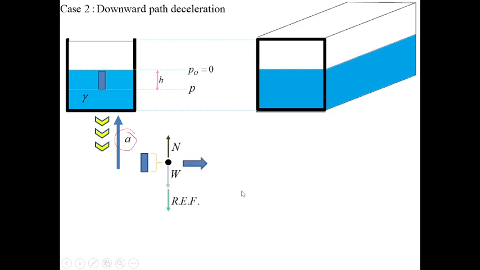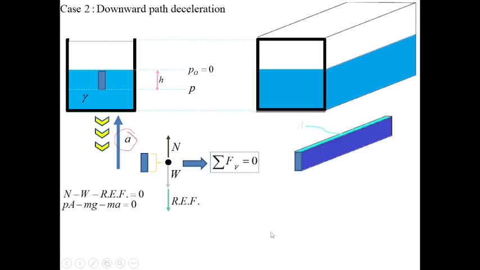So summation of FB equals 0: N minus W minus REF is 0. So PA upward, then W is MG, REF is MA.